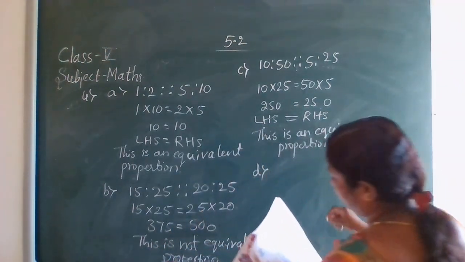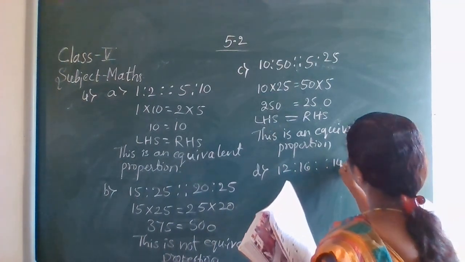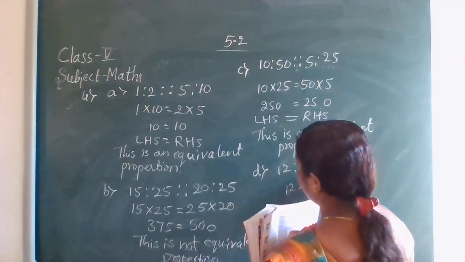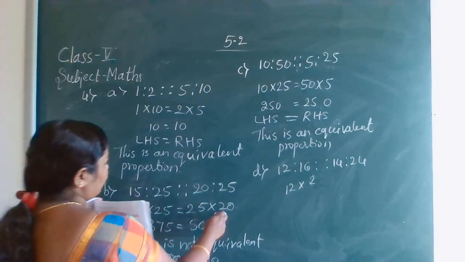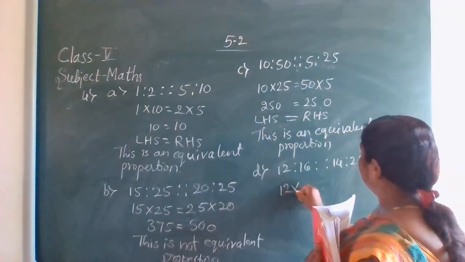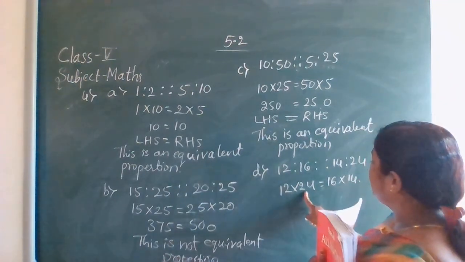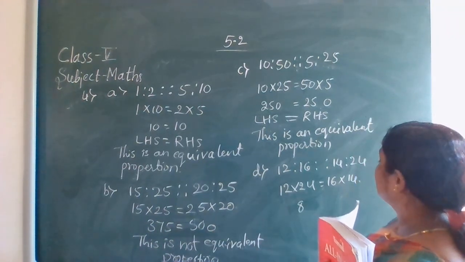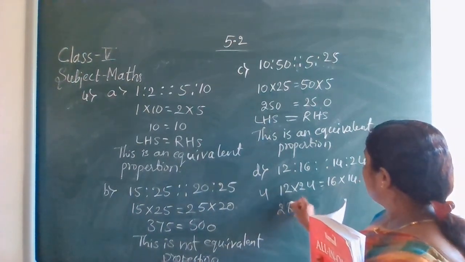D. 12 is to 16 proportion to 14 is to 24. Product of extremes. Here I made a mistake. Product of extremes is equal to product of means. 12 into 24, so 12 fours are 48, 12 twos are 24 plus 4, 28.